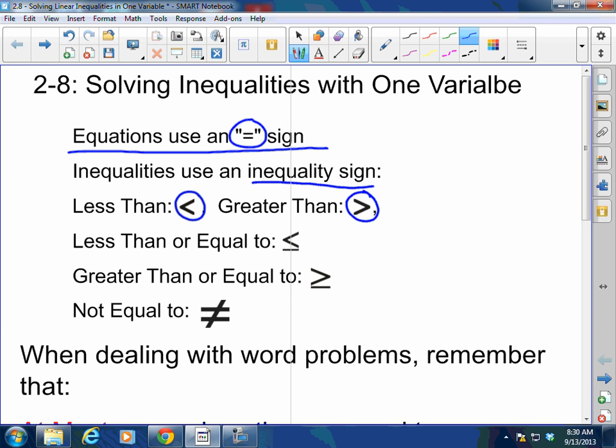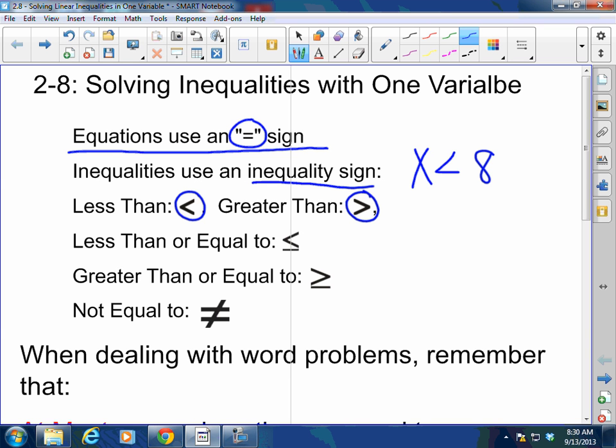Now, how to read this? Sometimes people see the symbol and they say, okay, that's great, but how does it really work? You always read from the variable. Always. So this would be x is less than 8.